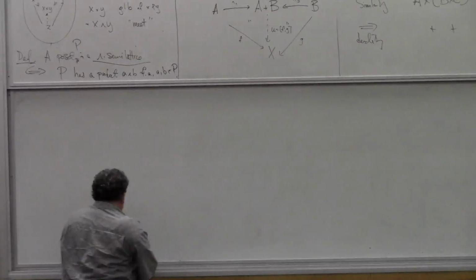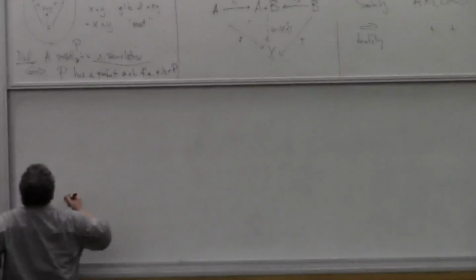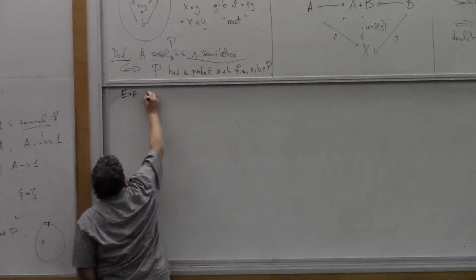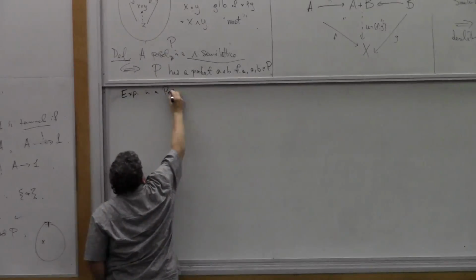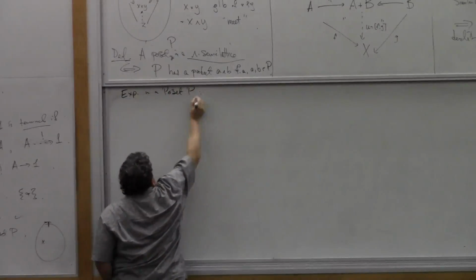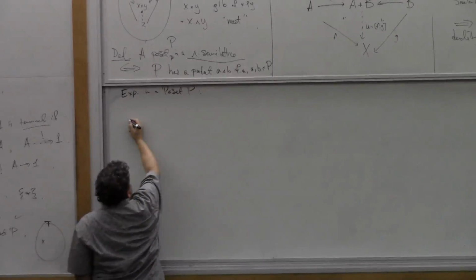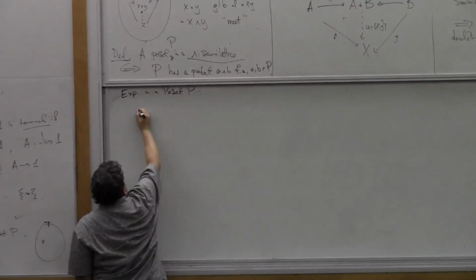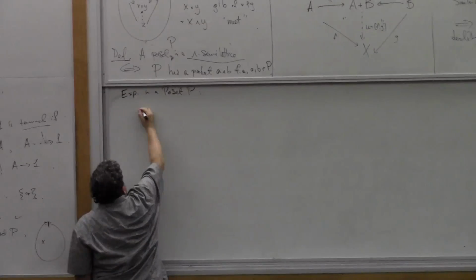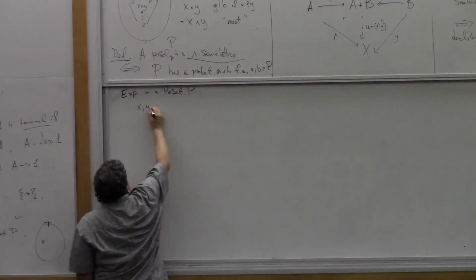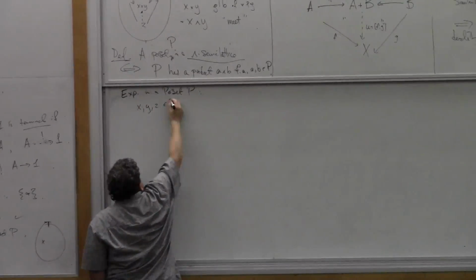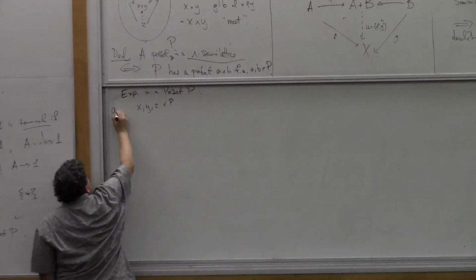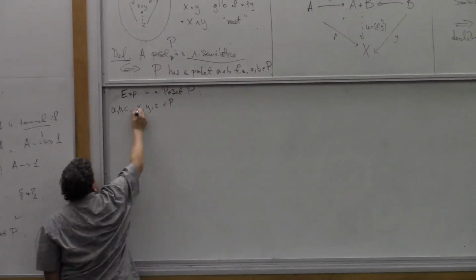So let's look at exponentials in a poset. What is an exponential? Exponential in a poset P. So an exponential in a poset would be a thing like this. So let's keep writing x, y, z for the elements of P. I'm going to use A, B, C too.